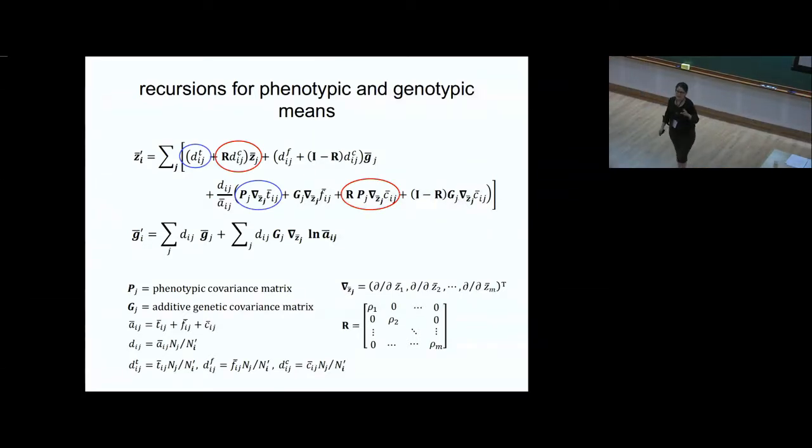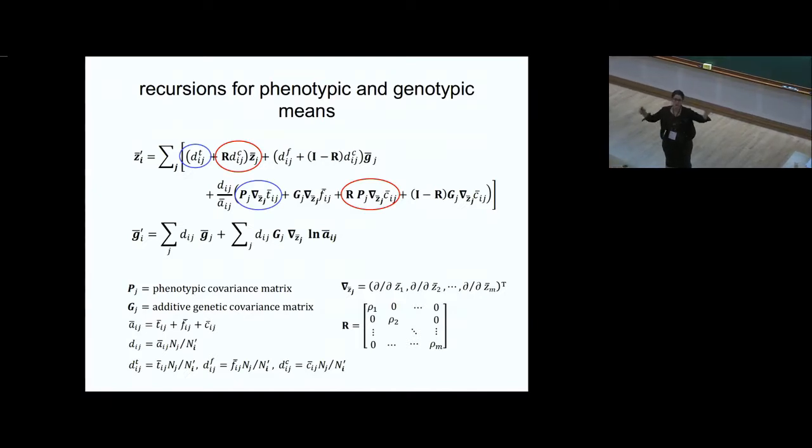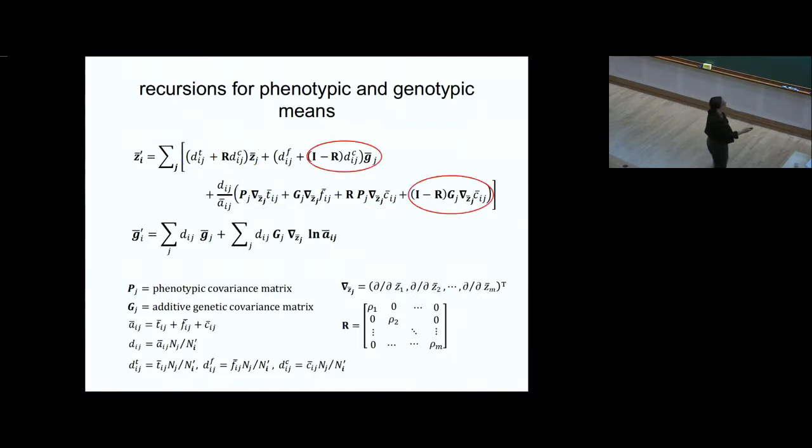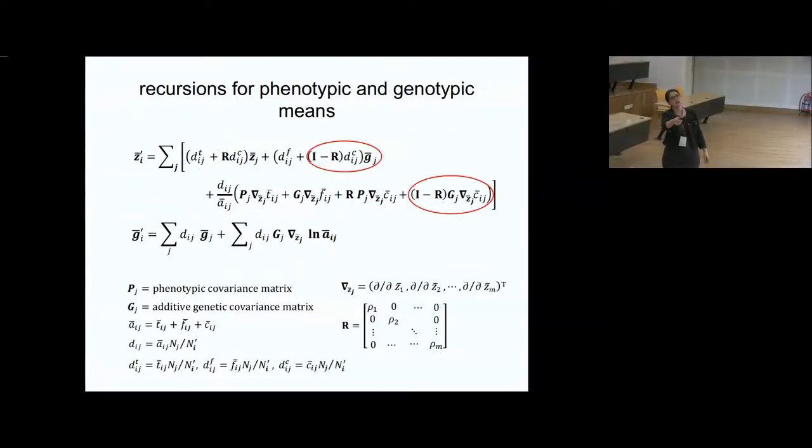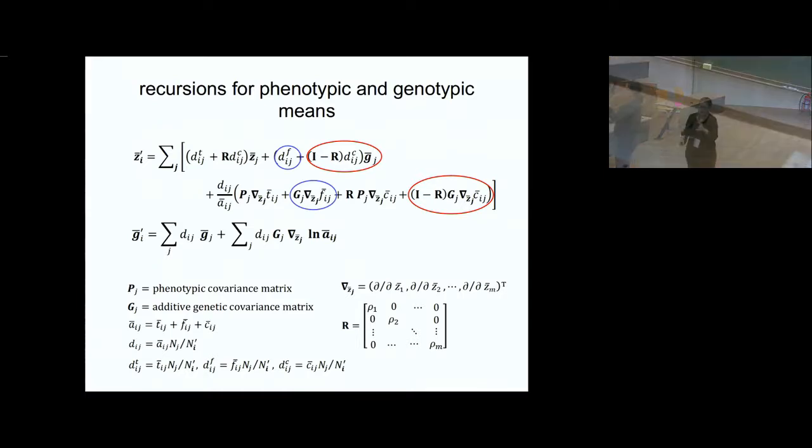So you can take clonal reproduction and break it into two pieces. A piece that's like transitions, and then a piece here, this is the identity matrix minus this R matrix, that has to do with either the mean genotype or the variance covariance matrix for genotype. And that's like fecundities, this is sexual reproduction. So the way we've set this model up is we've taken clonal reproduction and broken it into two pieces, a piece that's like transition and a piece that's like sexual reproduction.